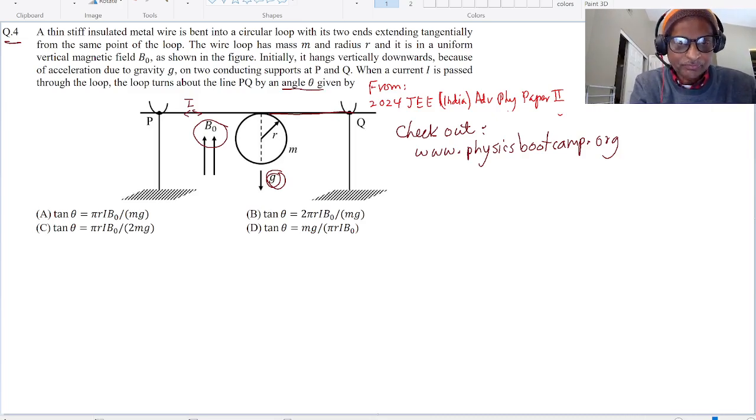So how do we figure out what the torque from these two sources will be?